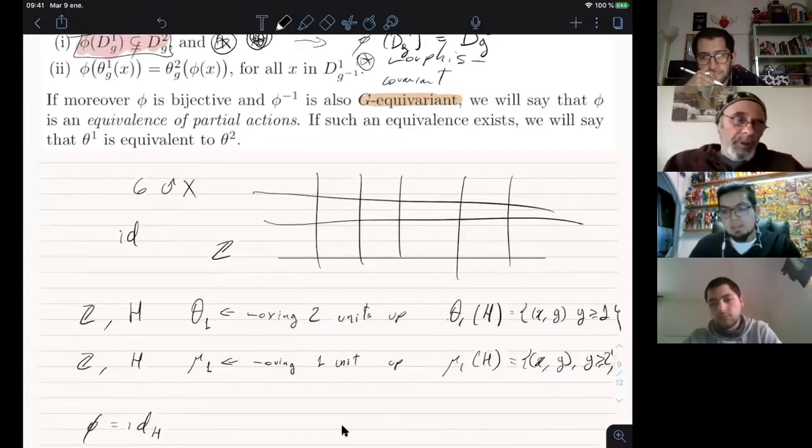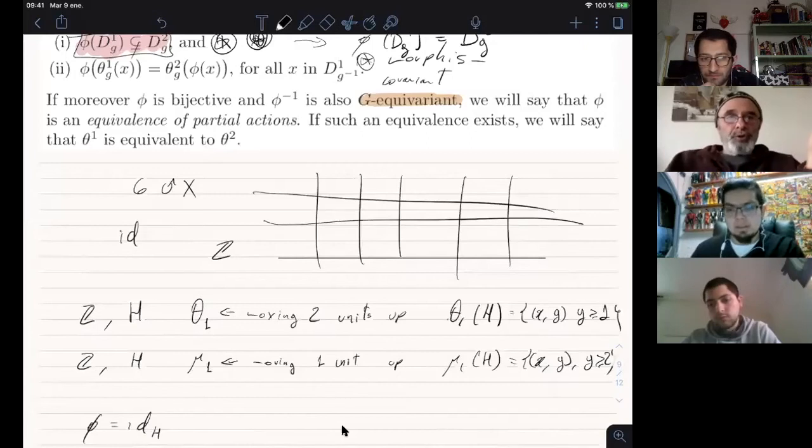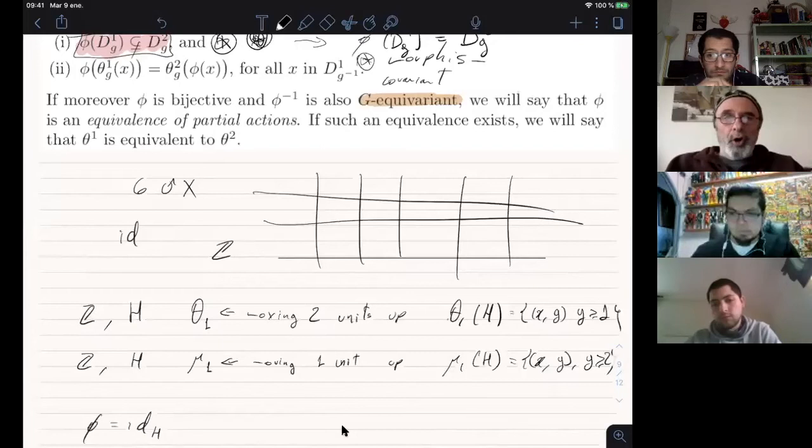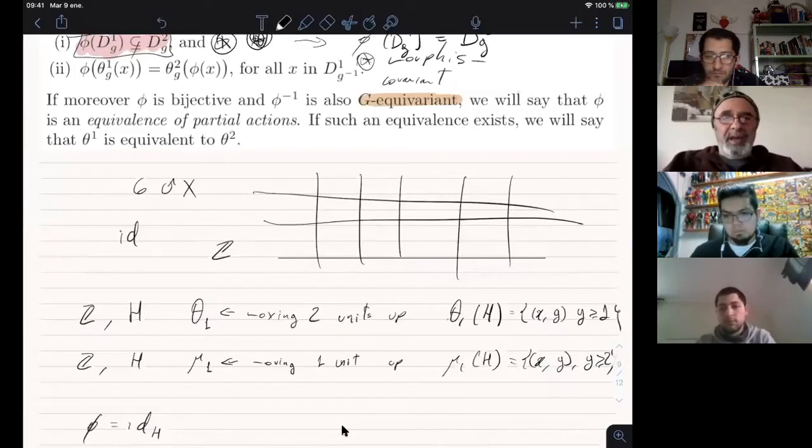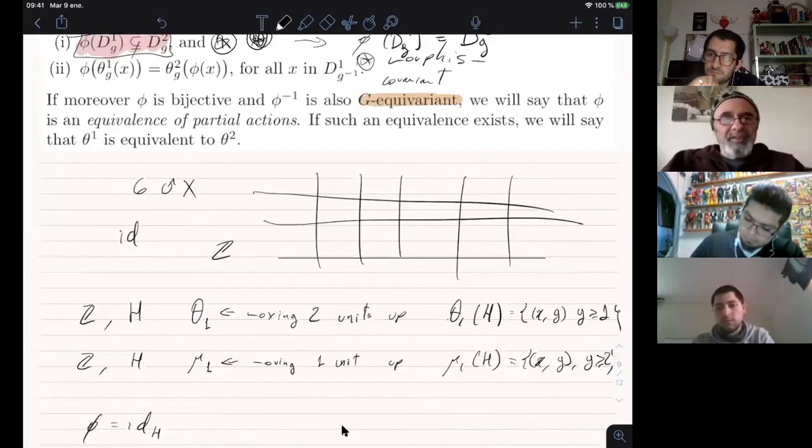It may not be very hard. It depends on the situation, because phi is free not to be the identity. Phi also connects the domains, let's say. So let me say that very, very rarely the identity succeeds to be an equivalence between two partial dynamical systems. If the domains have the tendency to change shape, the identity does not work. But there could be something different, of course.